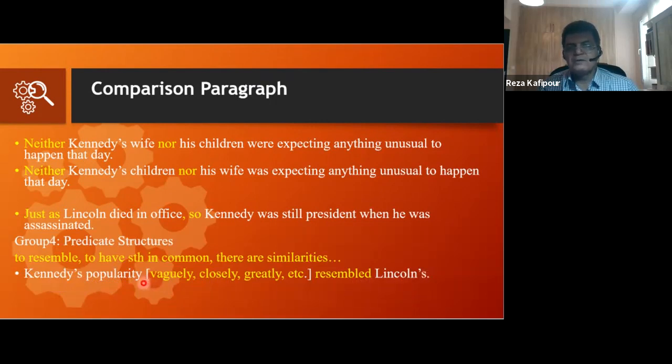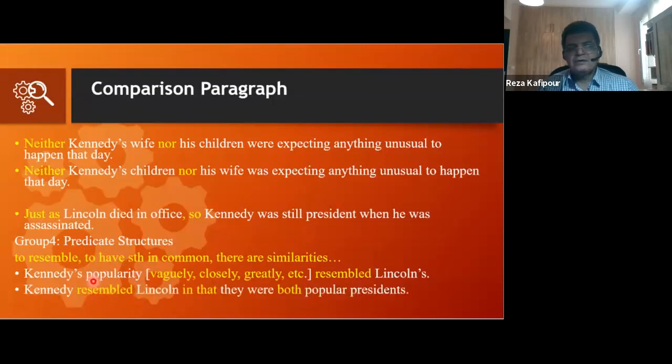That means Lincoln's popularity. So it shows that we are comparing Kennedy and Lincoln based on their popularity. So this is the basis of comparison here. So we use a predicate structure or verb to show similarities between two persons, Kennedy and Lincoln, and the basis of comparison is popularity.